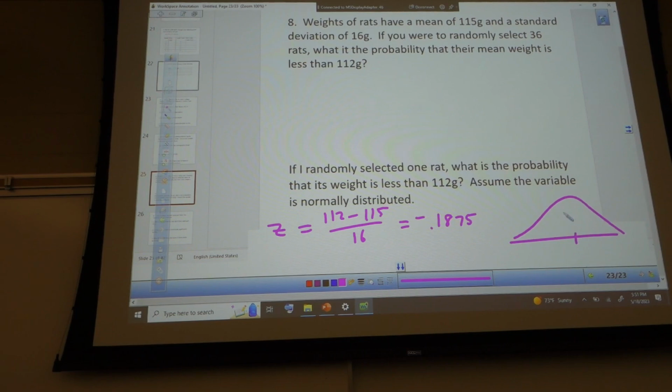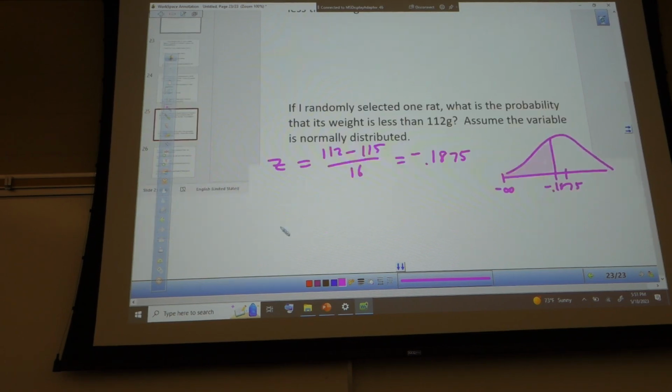So I'm going to draw a little picture. My z-score is on the negative side, negative 0.1875, and I want above this or below this? Below, less than. So my other z-score is going to be negative what? Negative infinity, exactly. We're doing some of these as review.